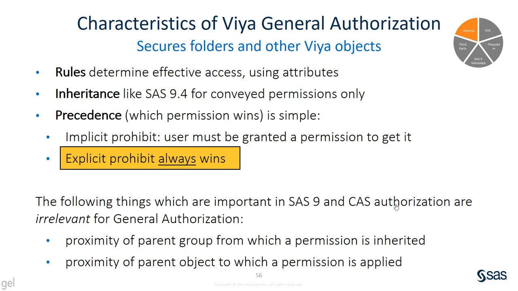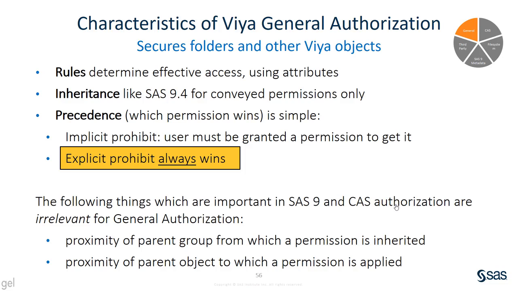First of all, there's an implicit prohibit in Viya. So by default, if you're not granted access to a folder or an object, then you don't have access to it. So by default, implicit prohibit. So that's the first thing. And then you also have the explicit prohibit.